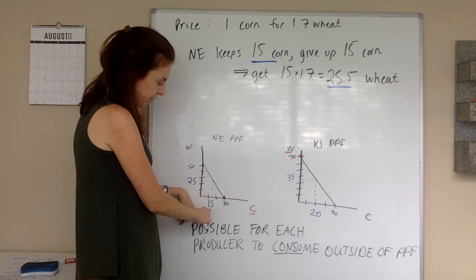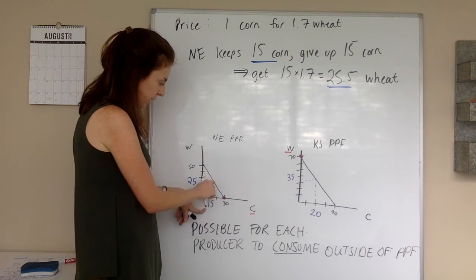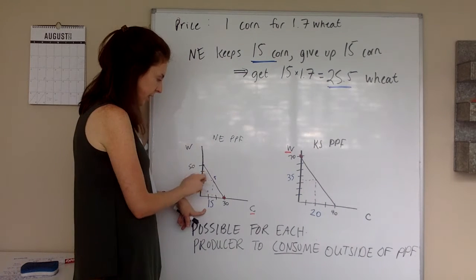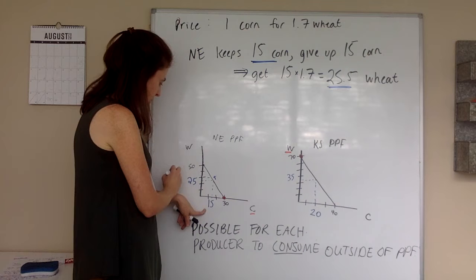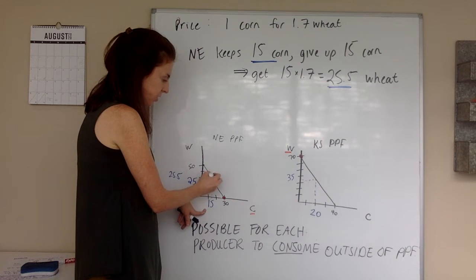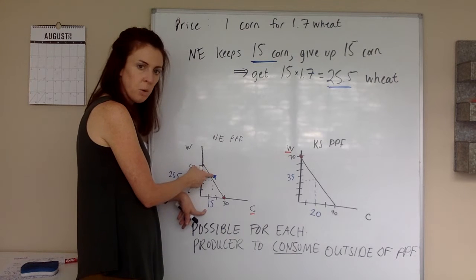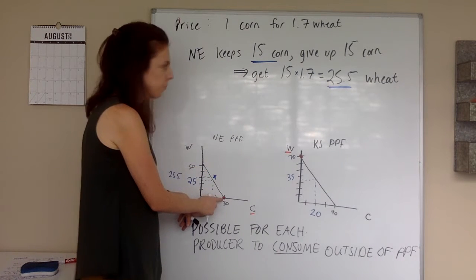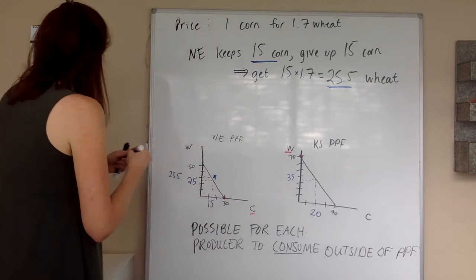Now they still get their 15 units of corn, but now they get more than 25 units of wheat. They get 25.5 units of wheat. So now Nebraska is consuming this combination of wheat and corn, whereas they're producing this combination of wheat and corn.